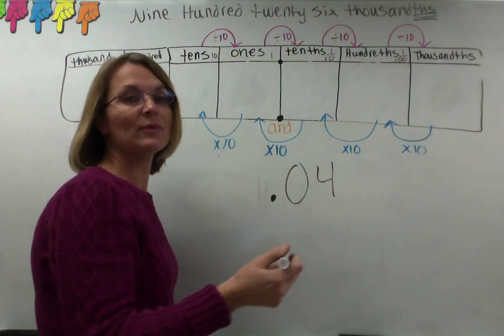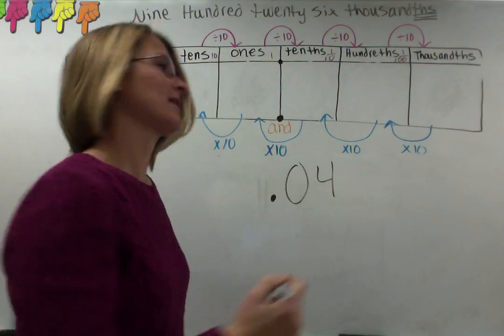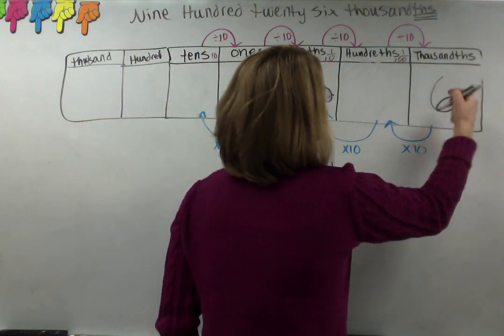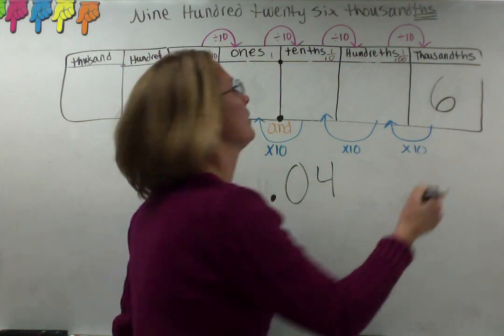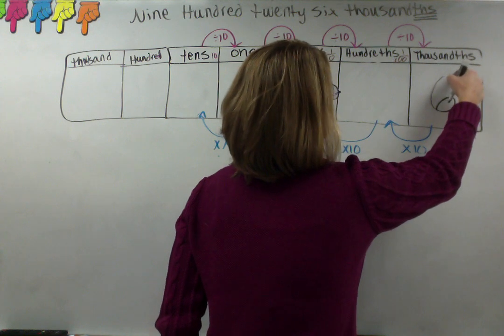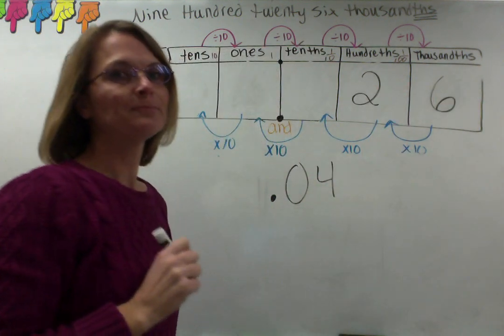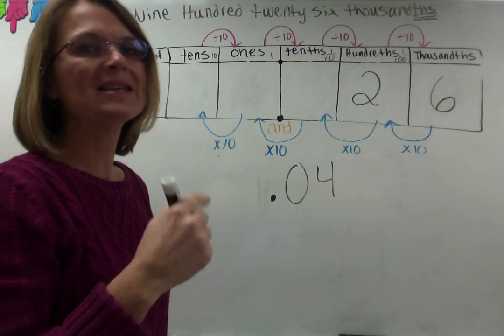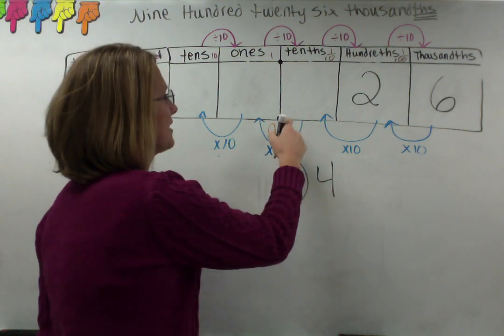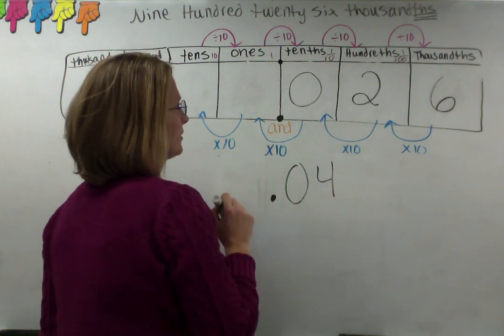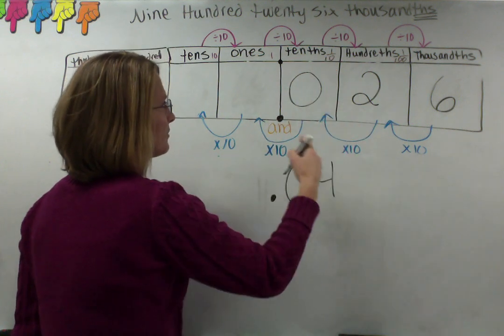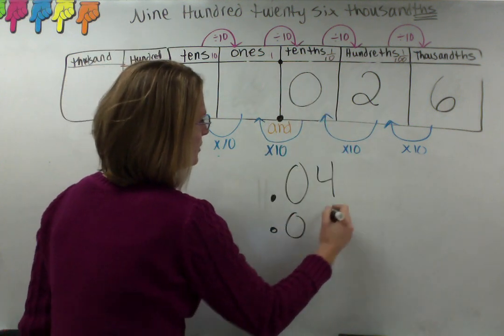You would write it so that it ends in the thousandths place. If I write it backwards, that can be helpful. My 6 has to be in the thousandths place, which means my 2 has to be there. So I have 26 thousandths, okay? And here's my decimal. I need a placeholder. So I would write this number 0.026.